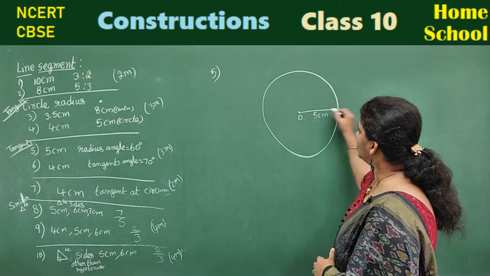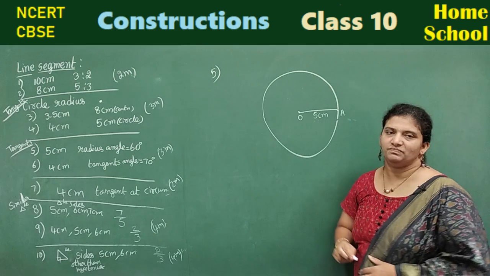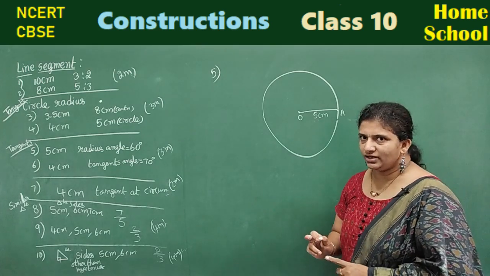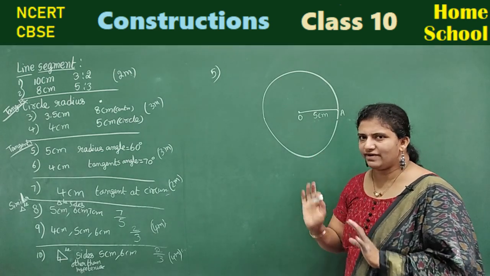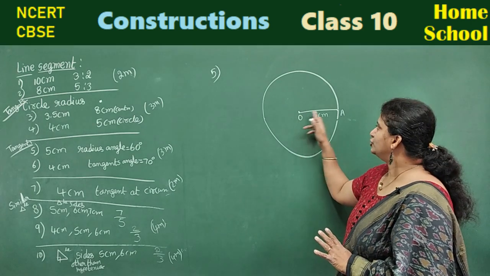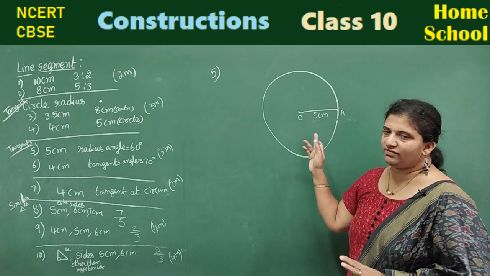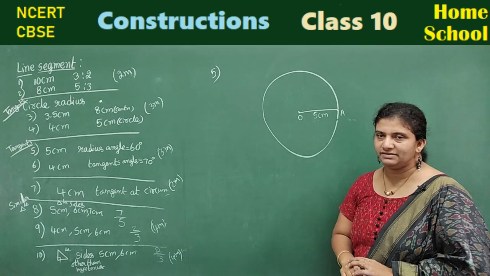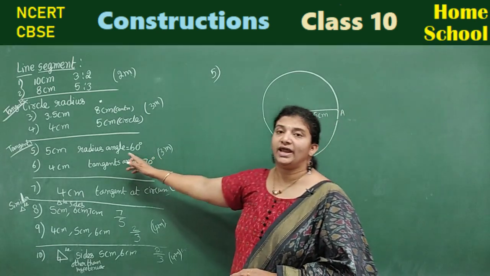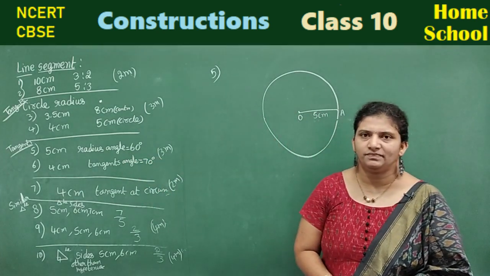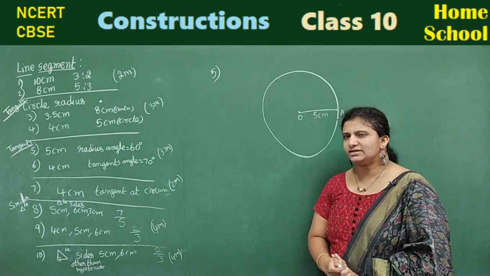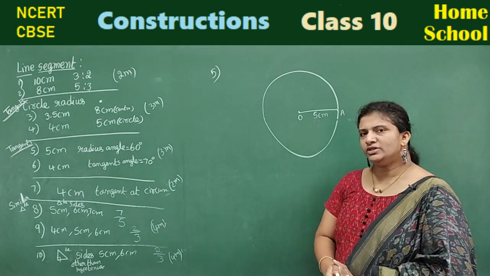Okay, this is center O and this is point A. First thing, what you have done: a circle with radius 5 centimeters, and join to one point on the circumference and say it is the radius. They have given radius angle is 60 degrees. How to do this one?